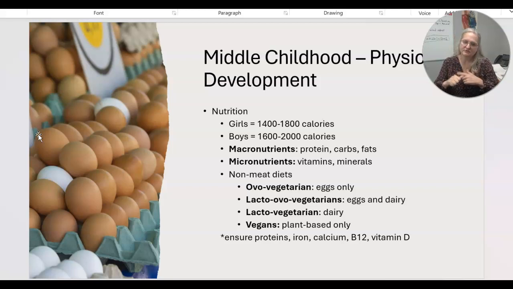But the options would be a vegetarian diet that only consumes eggs, or you might have a primarily vegetarian diet that has eggs and dairy, or you might have a lacto-vegetarian, which is dairy, or you might choose to be vegan. And the one that I notice is not on here is the pescatarian, the one that eats fish. It's not mentioned.